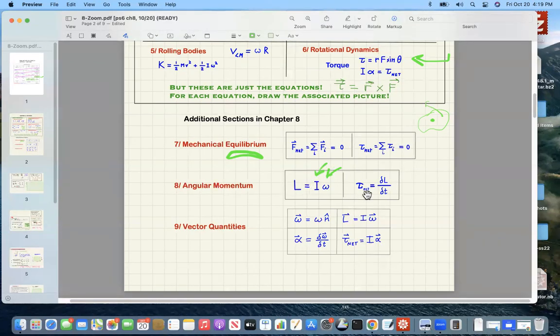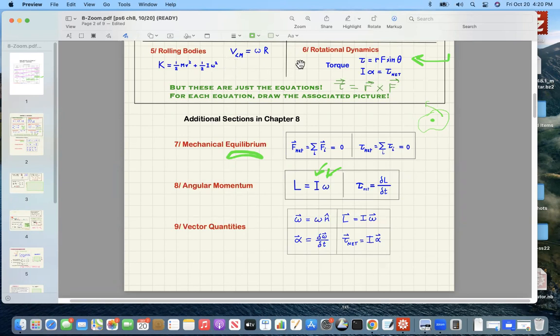And then the rate of change of the angular momentum is the torque, the net torque about whatever axle is present. Just like the analogous equation for linear motion, the force is equal to the rate of change of the momentum.